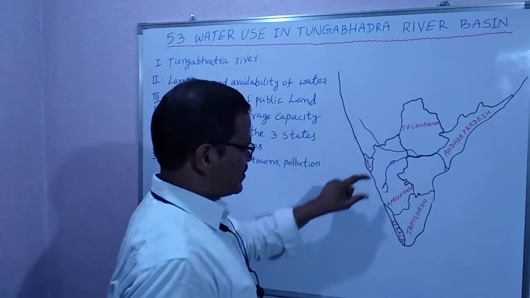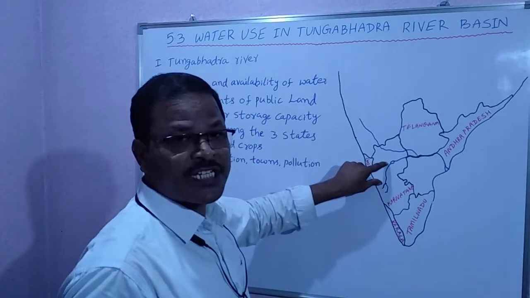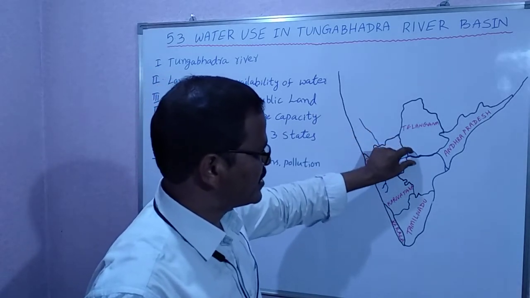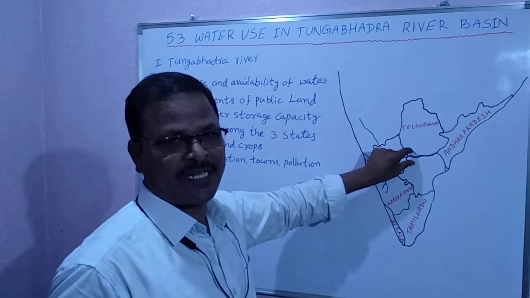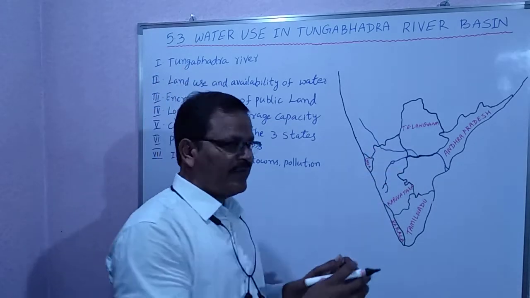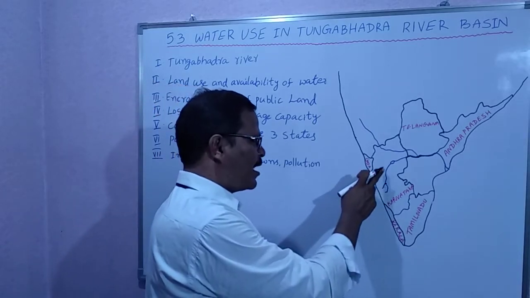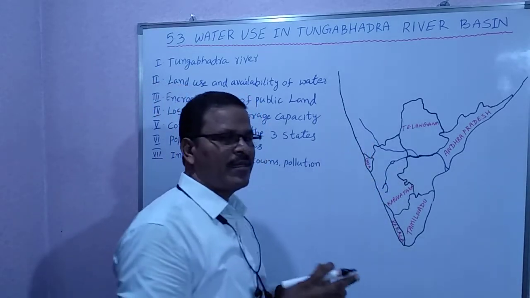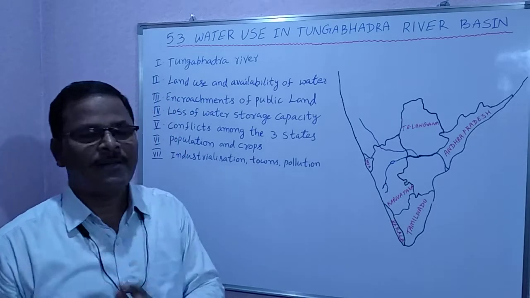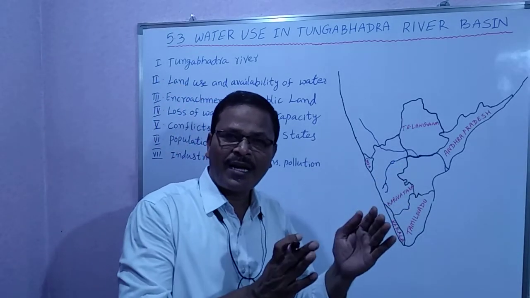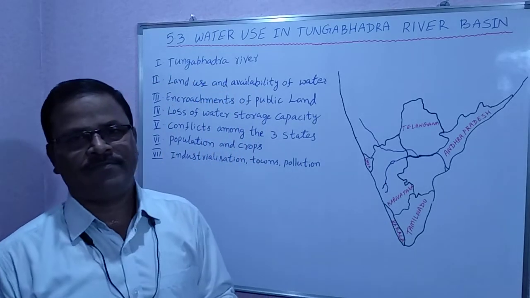This part is upper catchment area, this part is middle catchment area, this part is lower catchment area. We can broadly divide it into two parts. Upper catchment area and middle catchment area are in Karnataka, and the lower catchment area is in Telangana and Andhra Pradesh.